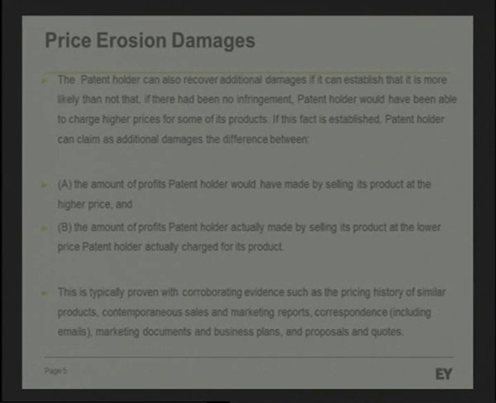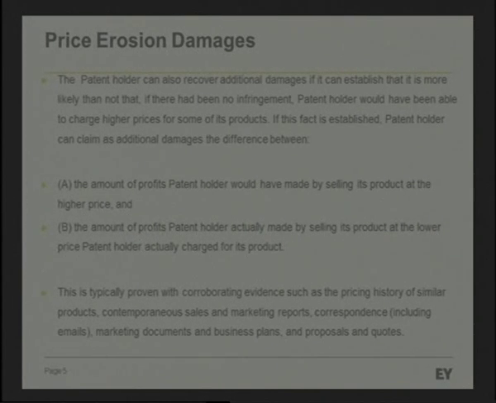Price erosion damages simply means that if the claimant is a significant brand and its products are selling at a very high price in the market, because its brand is infringed, the respondent sells those products at a cheaper rate.